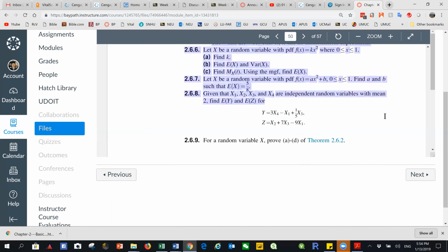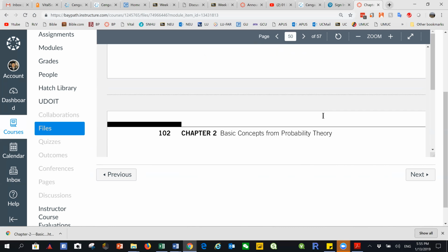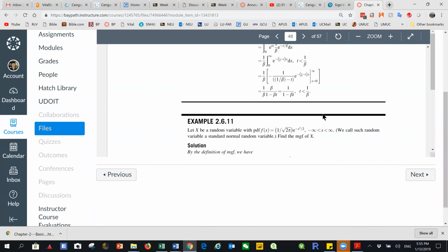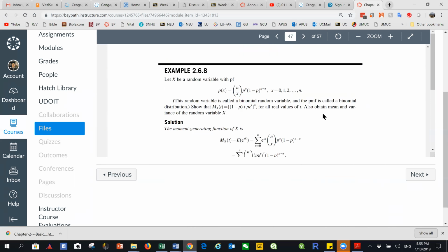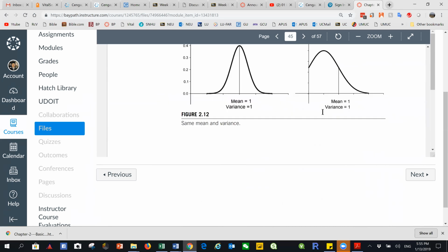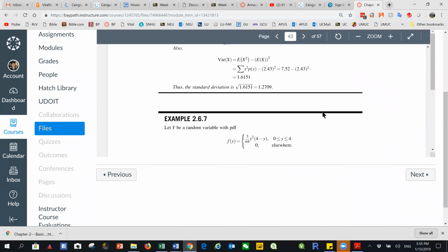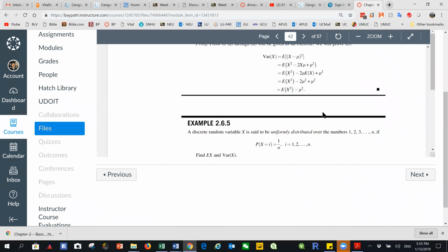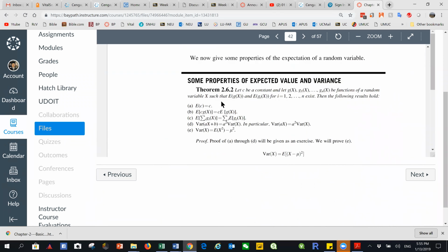This is also not difficult. Find the expected value. So you will use the properties here, right here, Theorem 2.6.2 on page 94.